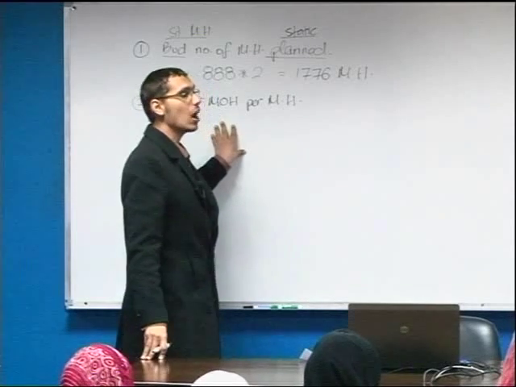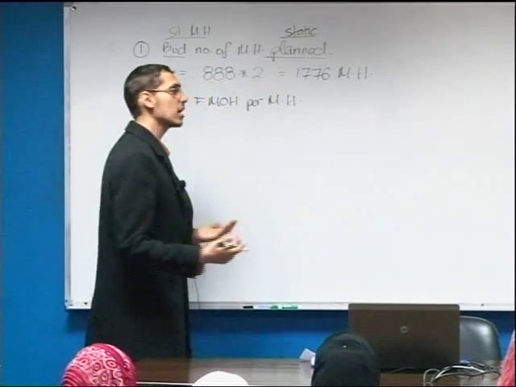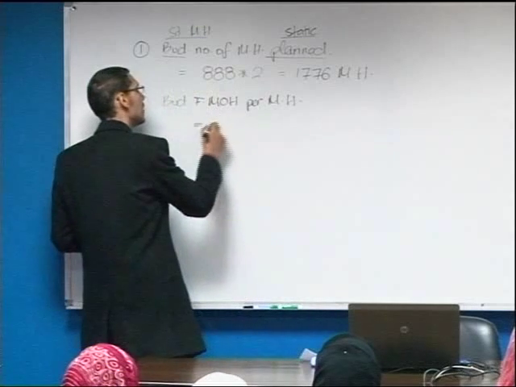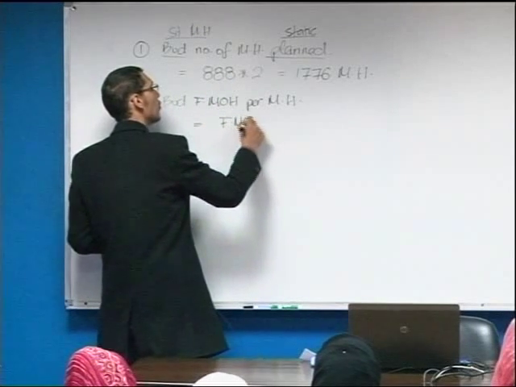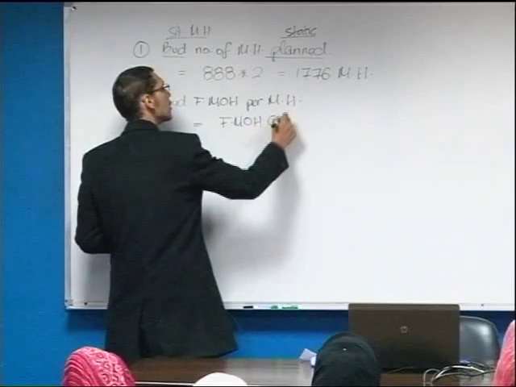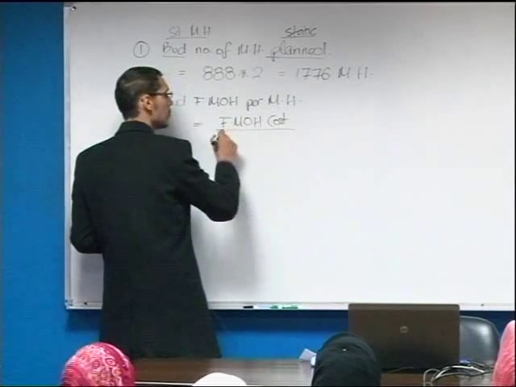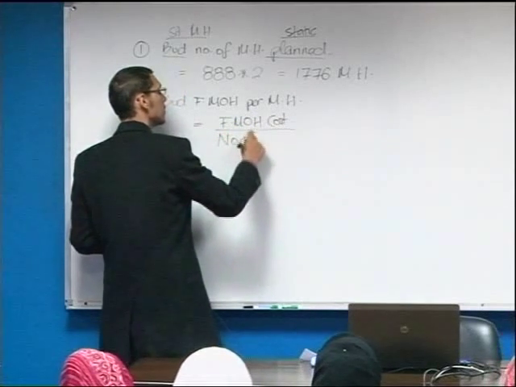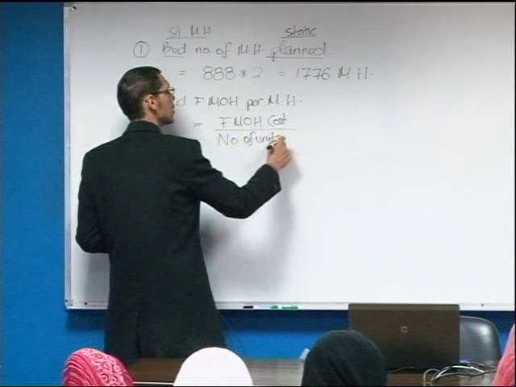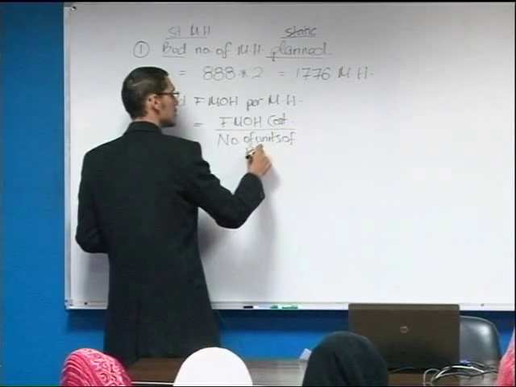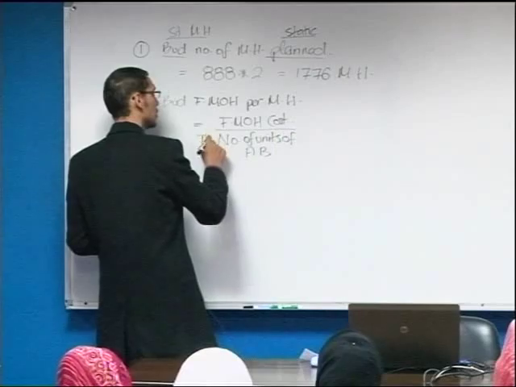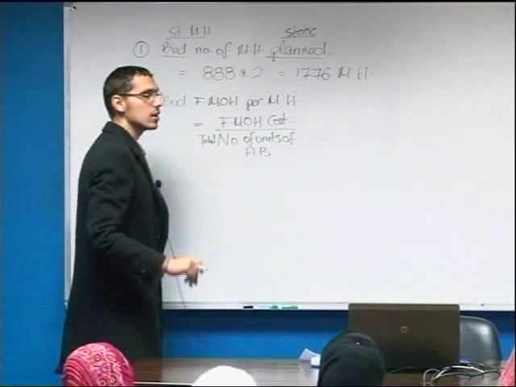Excellent. How are we going to calculate the budgeted allocation rate? By dividing the fixed manufacturing overhead cost pool by the number of the allocation base, or the total number of units of the allocation base.